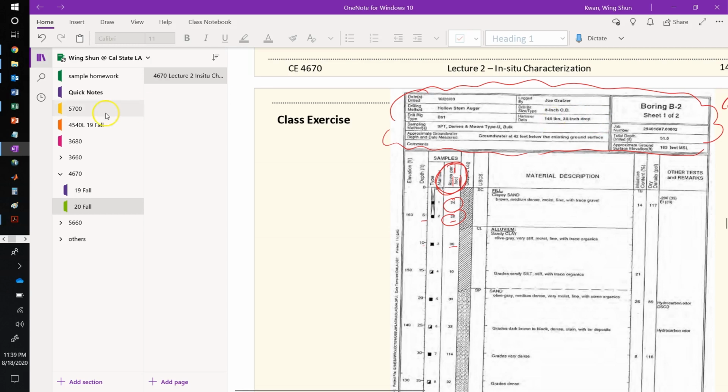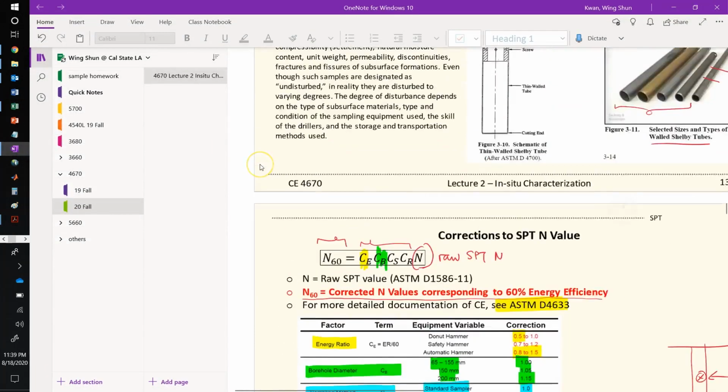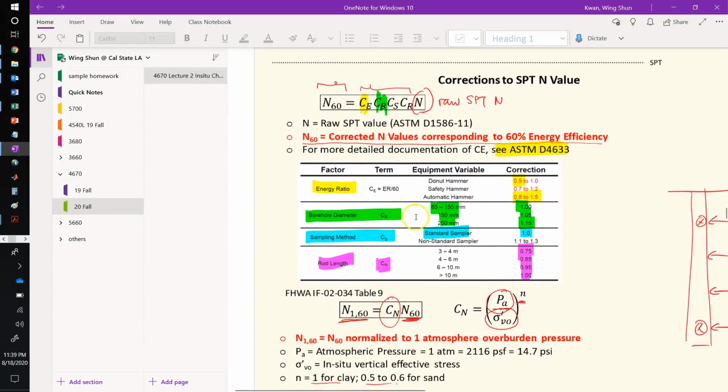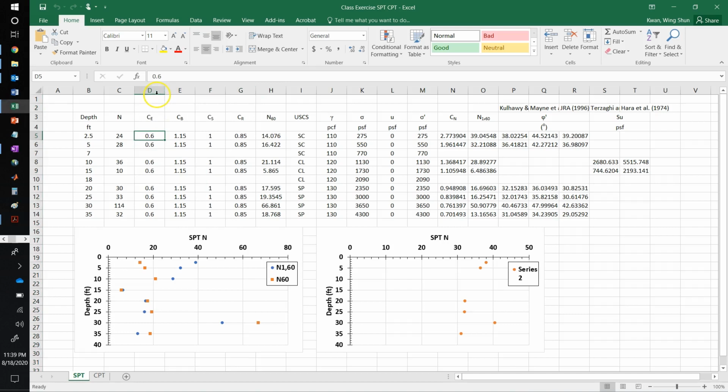And for donut type hammers, we know the correction factor is from 0.5 to 1.0, and 0.6 is a reasonable number to use. So that's why I picked 0.6 over here. As engineers, you will make the choice, and through experience you will feel more comfortable picking a number to use.